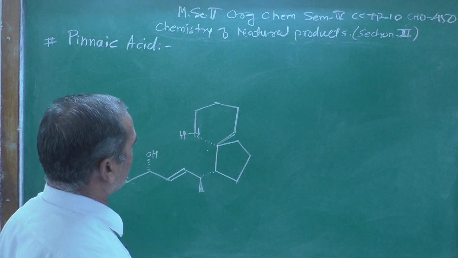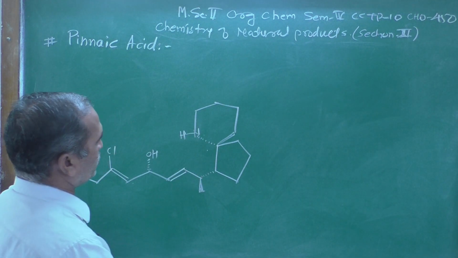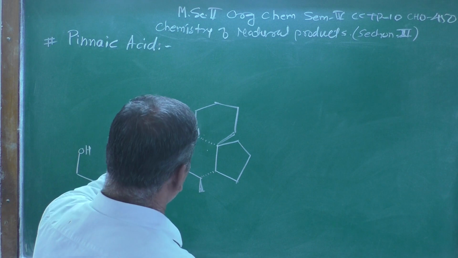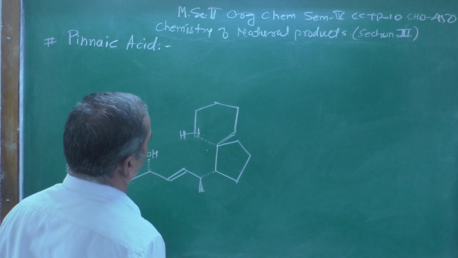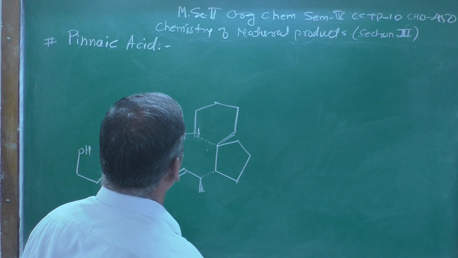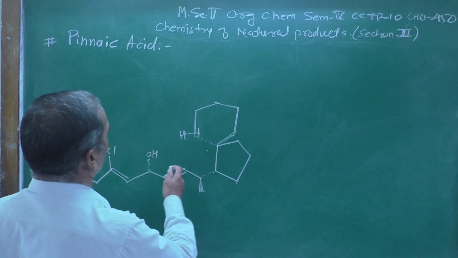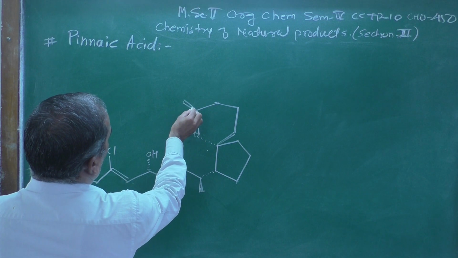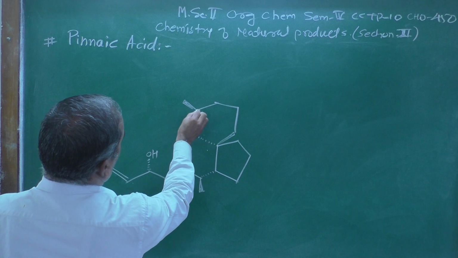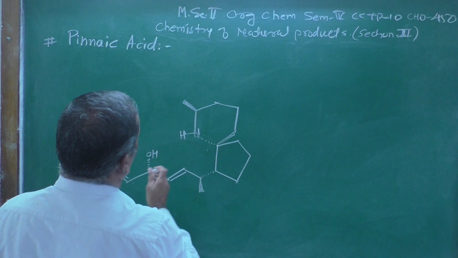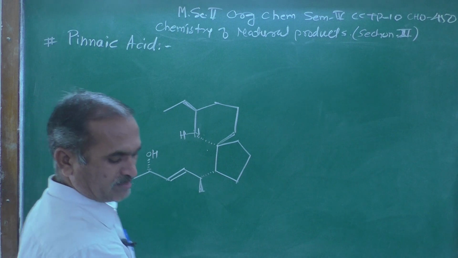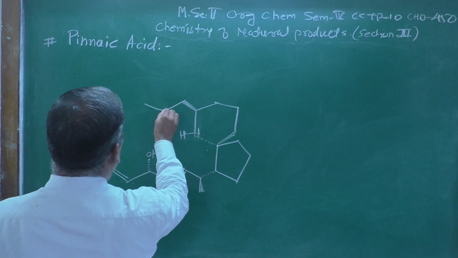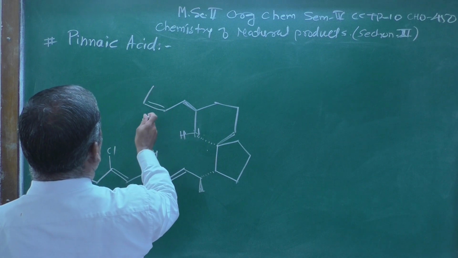On the other side there is a spiro secondary amine type of heterocyclic ring, a 6-membered ring attached, and now here one of the bonds is attached over here, and then there is another double bond over here.